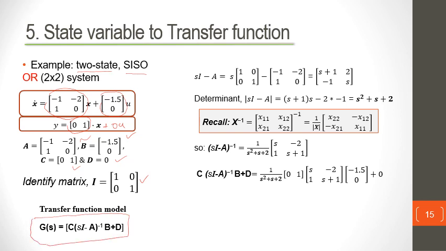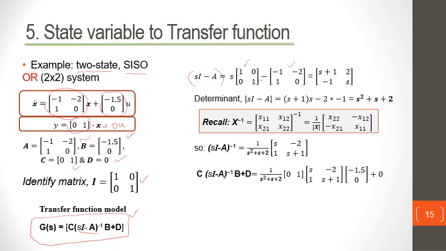Now, having just revised how to manipulate matrices, we can start by tackling this inner product here. SI minus A will simply be S times the identity matrix minus the A matrix. And then remember, with matrices addition and subtraction, you add and subtract the corresponding members.